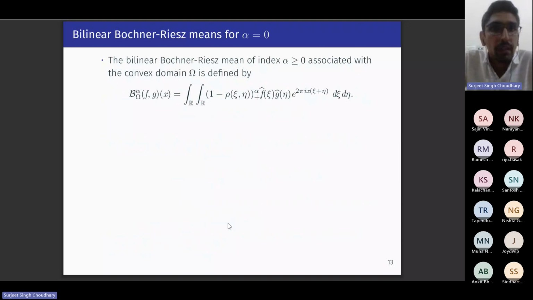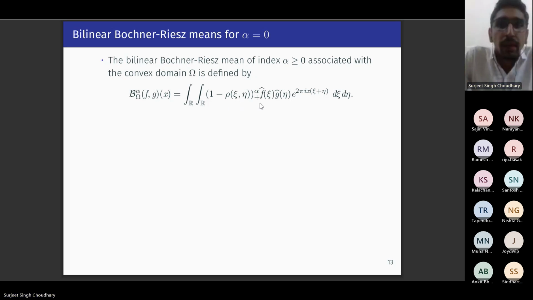Now, what can we say about the bilinear Bochner's means? The bilinear Bochner's mean associated with the convex domain omega is again a bilinear multiplier operator with the multiplier (1 minus rho of xi comma eta) to the power alpha, positive part.